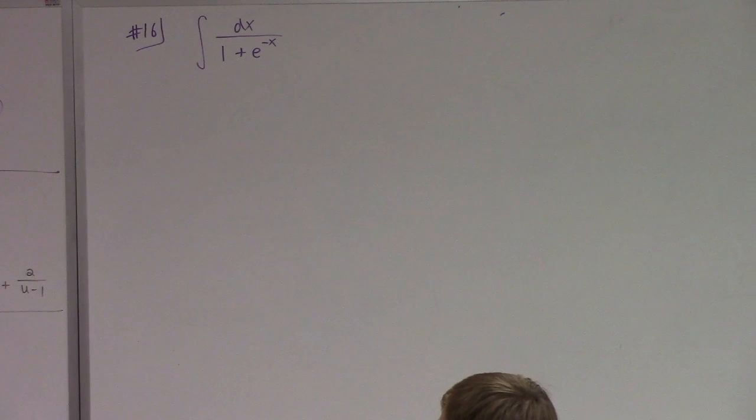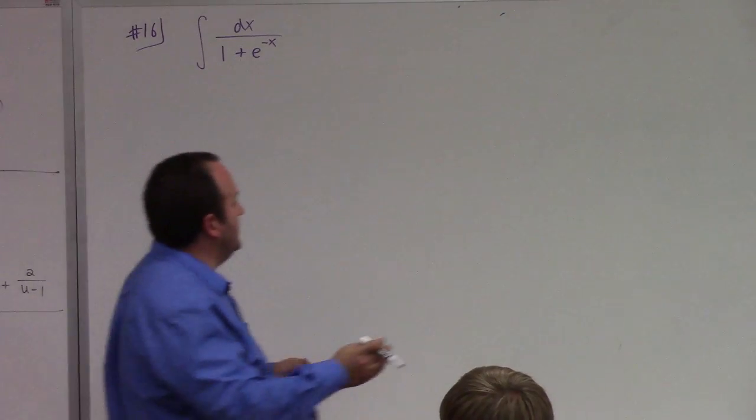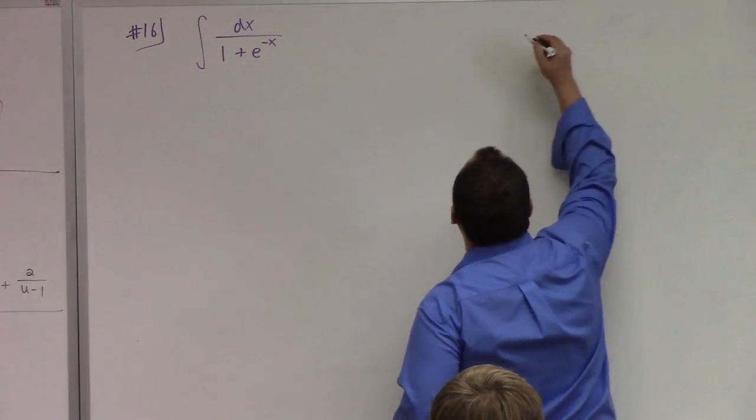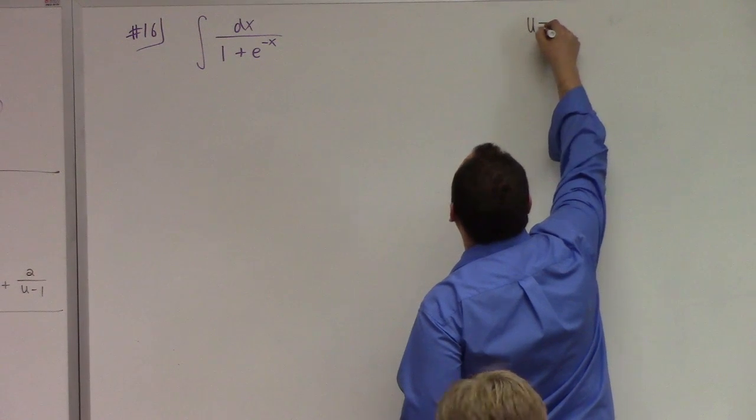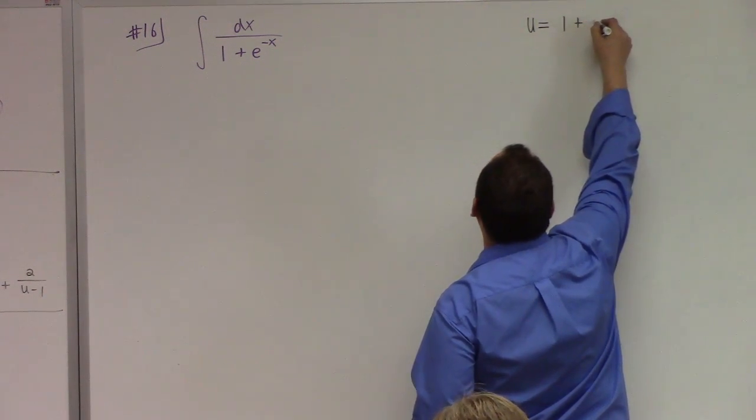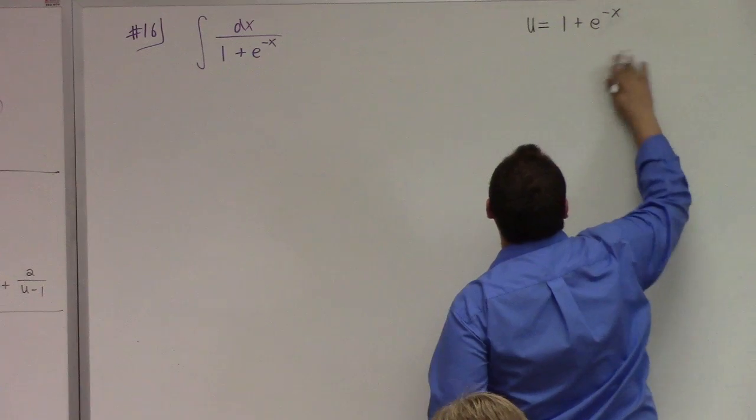In example 3, what they do is set the whole radical equal to u. So I think the analogous substitution here might be, I'm going to try something, we'll see if it works or not, all right? I think maybe if I let u equal 1 plus e to the minus x, that might do it for us. I don't know.